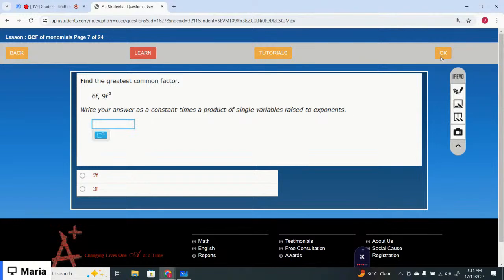The correct option is 3f, right? One more thing. The greatest common factor is the value that can divide both the numbers, right? You have two options here, 2f and 3f. You can divide 6 by 2, but you cannot divide 9 by 2, right? But 3f means 3, that is the number that can divide both the numbers, right? So the correct option is 3f.